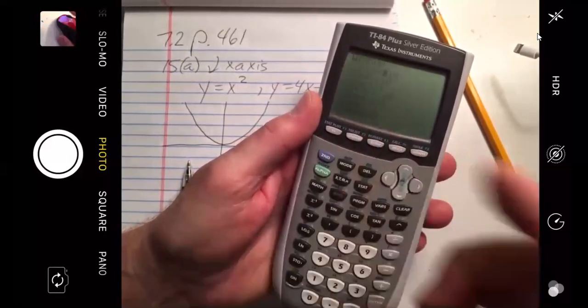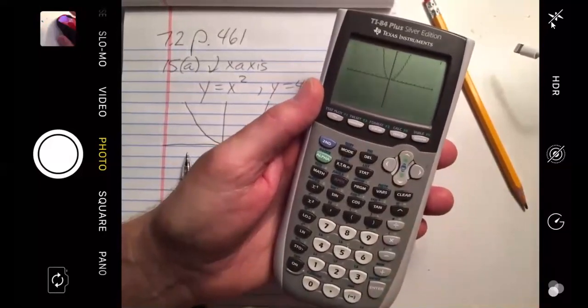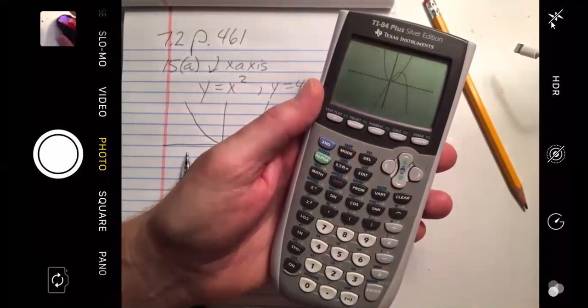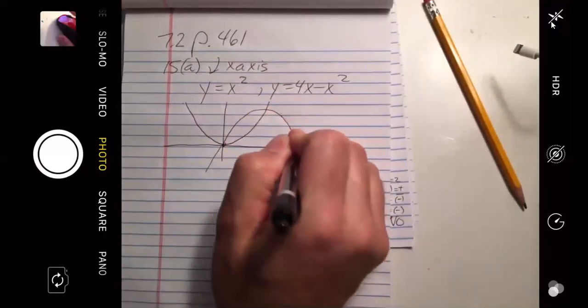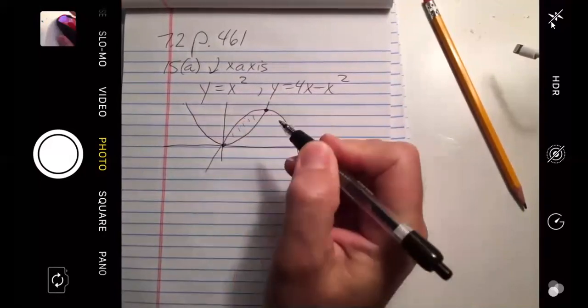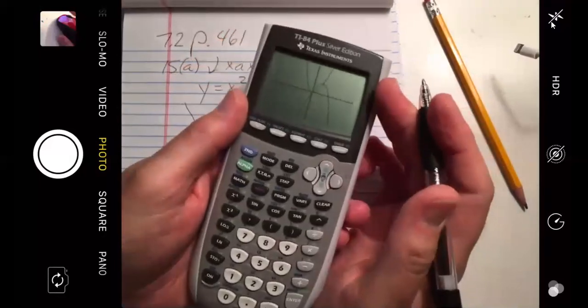Okay, I assume my window's fine. Yeah, okay, so graph. Okay, there's x squared. Okay, 4x minus x squared goes through the origin, curls up and down. So we're going to be interested in that part right there, which isn't shaded on the screen.